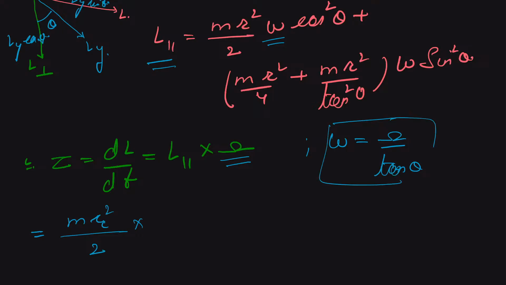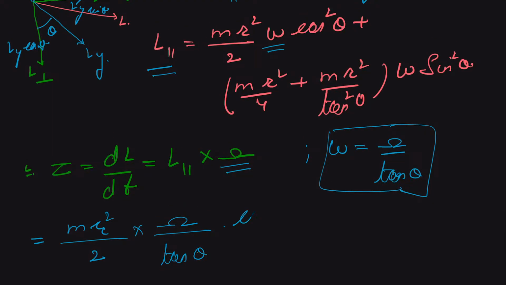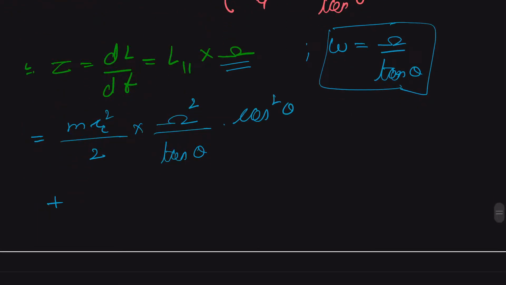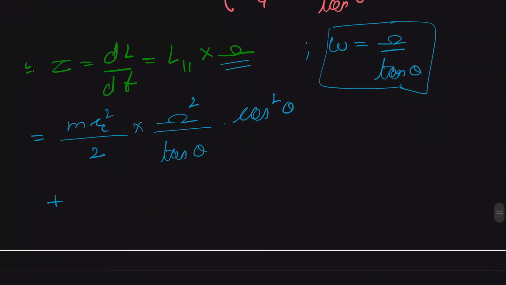This we have already proved in our part A. So we can write this as omega upon tangent of theta, and we get cos square theta, and multiplied by omega, we get omega square, and that will be a plus, and we can just open the bracket and multiply it. Okay, that will be much more convenient.